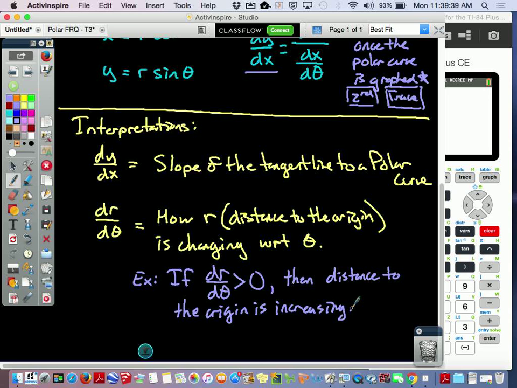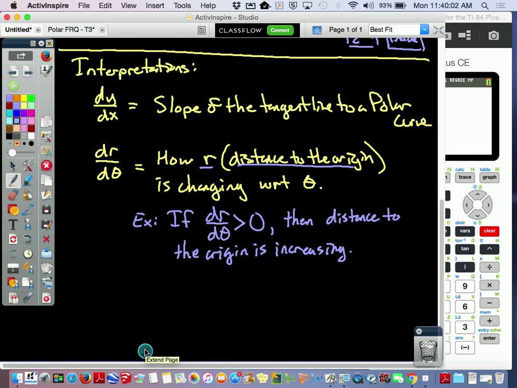When we say the distance to the origin, we're saying the distance that the polar curve is away from the origin. That distance is increasing. Similarly, if dr d theta was less than 0, it would mean the distance to the origin is decreasing. So the key here is that you remember that r represents the distance to the origin.